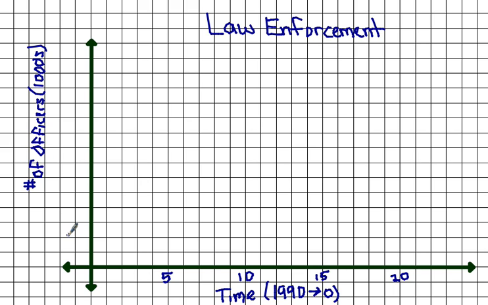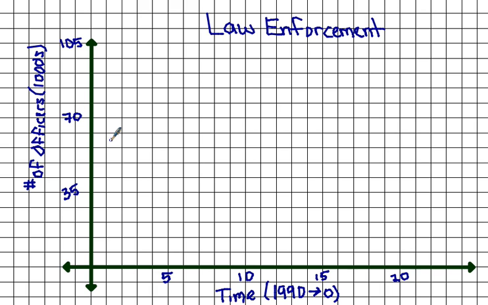So 7, 14, 21, 28, 35, and 35 more makes 105. Sweet, that worked. So our scale right now is by 7s. Kind of weird just because of the number I had there, but that's all right.